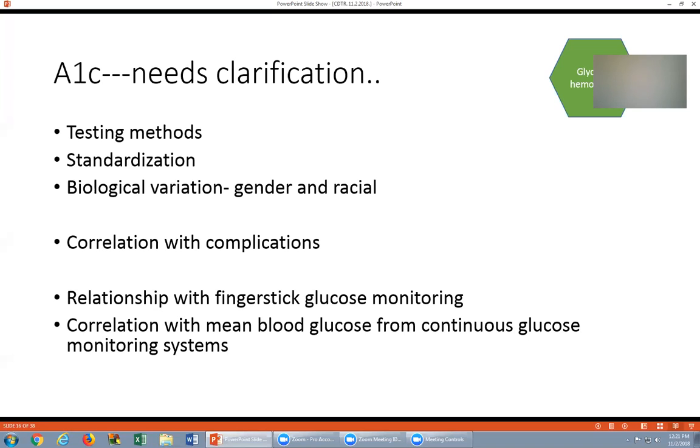Is it really the A1c that correlates with it, or is it something else? Is it just a marker? And then the relationship with finger stick glucose, as well as the new sensors, what are called the glucose sensors, that a patient can now put on themselves, and then they give them an average glucose over a period of time. How do we correlate all this new technology that's coming up?